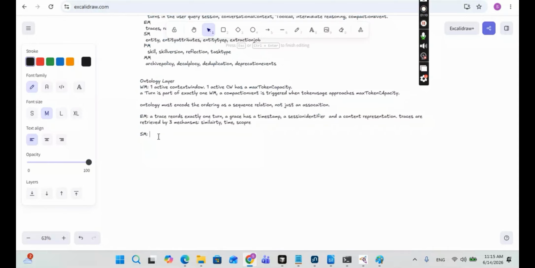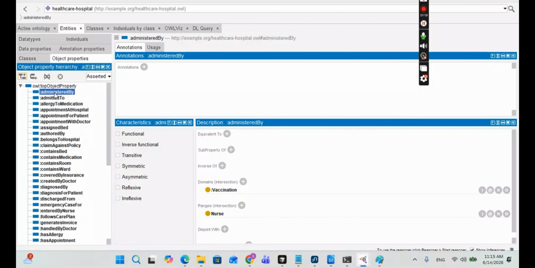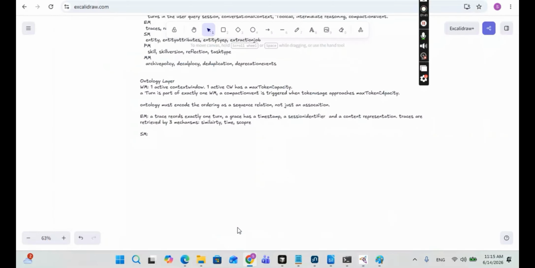Entities relate to other entities through typed relationships. These are the object properties. Inside that you can see administered by, with domain and range. Vaccination administered by nurse. In this way we are maintaining the semantic relationship between various entities.